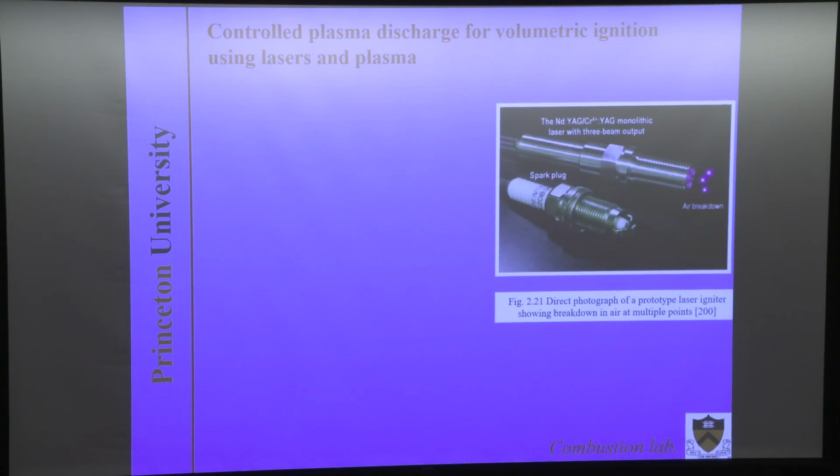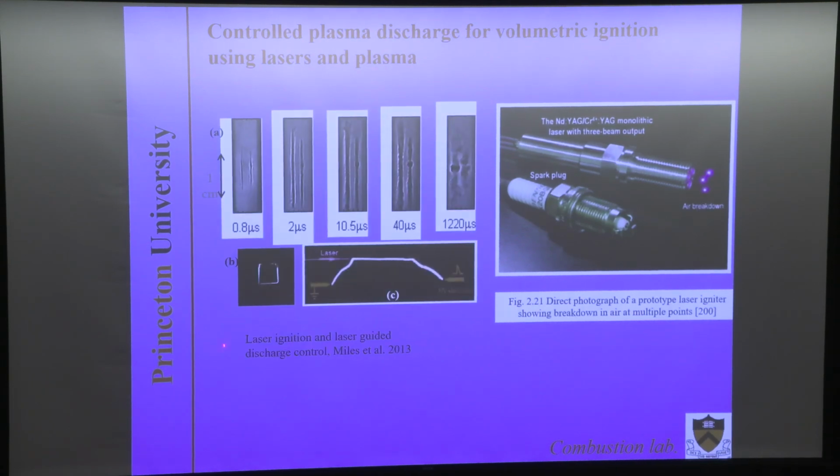And at Princeton, Rich Miles and colleagues are using this kind of femtosecond laser. A femtosecond laser has a very strong electric field. It can pre-ionize the air to a certain extent. Once you pre-ionize the air, you generate electrons and ionization.